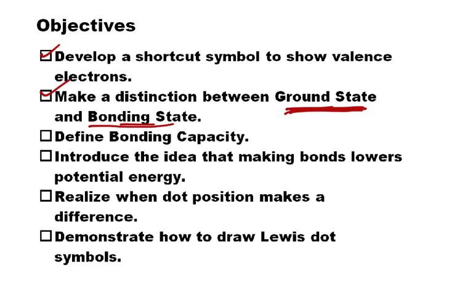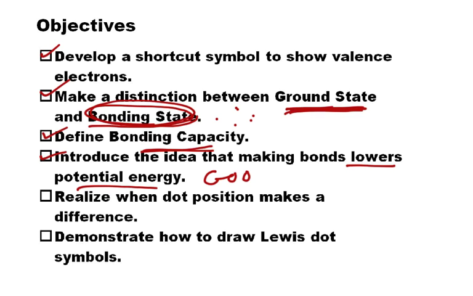But almost all the time we draw it according to the bonding state, and we say just put 1 on each side before you double them up. Bonding capacity: half-filled orbitals can make bonds. Full orbitals and empty orbitals don't make bonds until a little bit later. We can introduce the idea that when you make a bond, that lowers the potential energy, and what that really means is making bonds is a good thing for molecules.